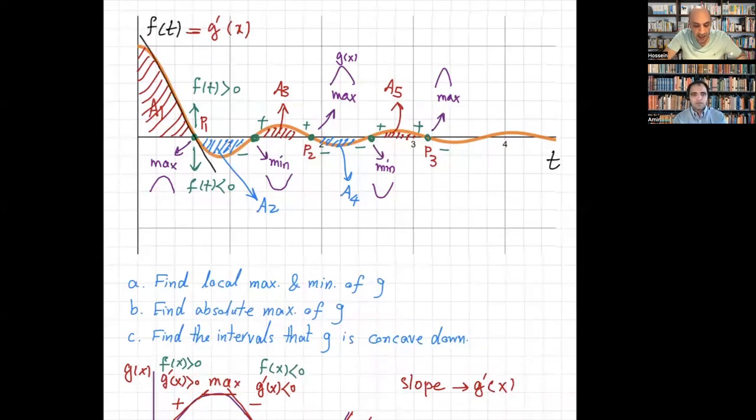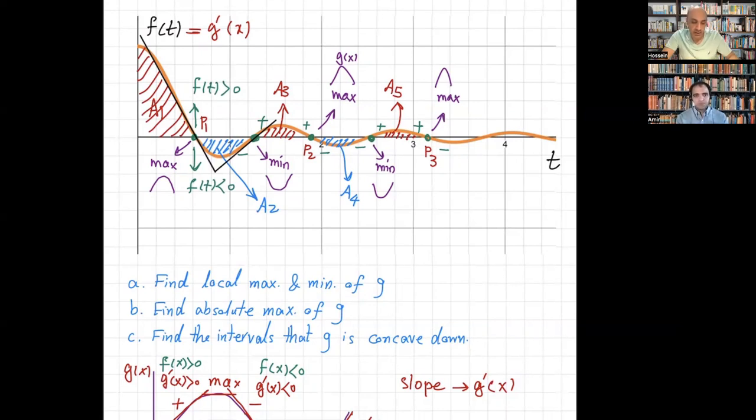So for example, the tangent line here is downward, which is negative, and in this area the tangent line is positive. So from this point to this point, the tangent line is negative.